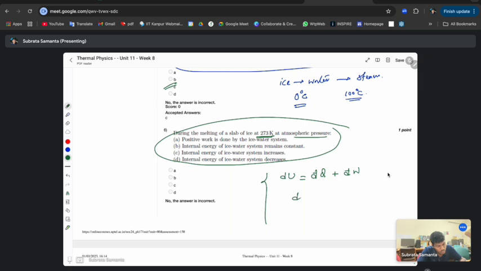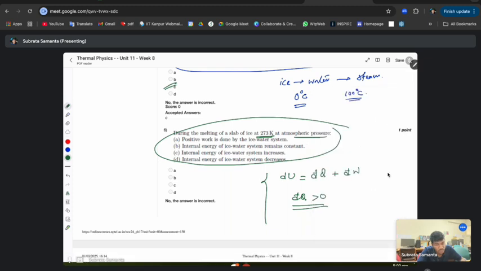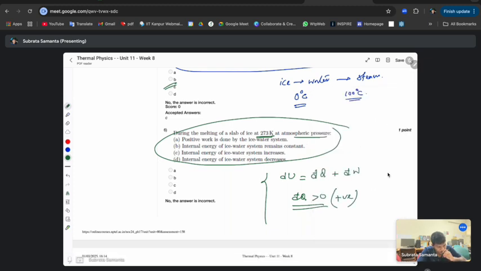So dQ is greater than 0, because the system absorbs heat from the surroundings.